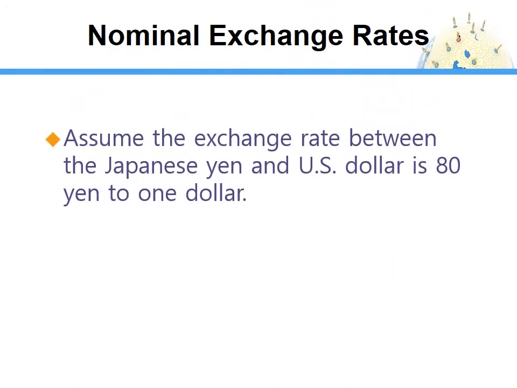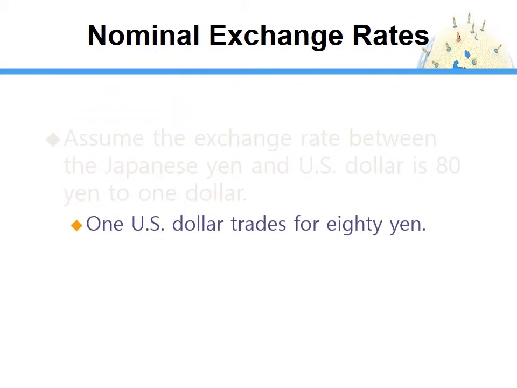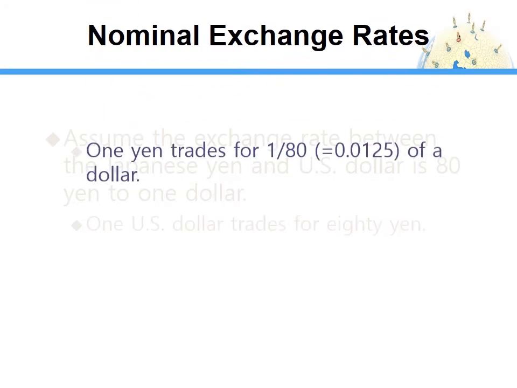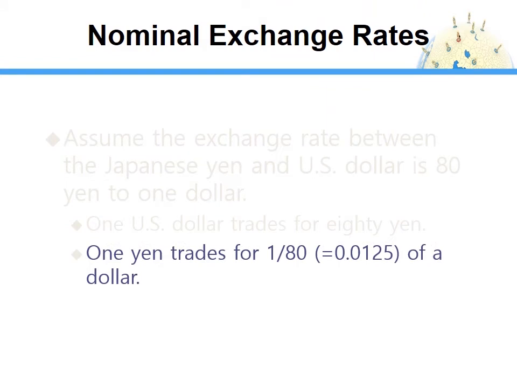For example, we can assume the exchange rate between the Japanese yen and US dollar is 80 yen to $1. 1 United States dollar trades for 80 yen, and 1 yen trades for 1/80, equal to 0.0125 of a dollar.